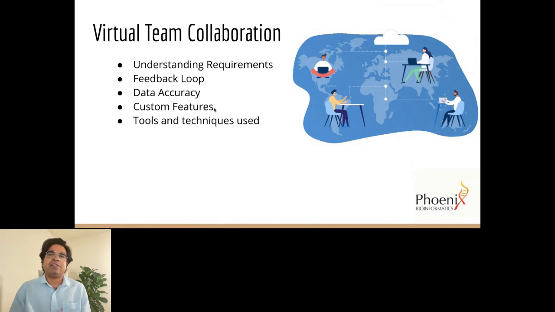These strategies and tools enabled us to work efficiently despite being remote, and they can serve as a model for other organizations undertaking similar projects. Our structured approach to remote work and regular communication were key to the project's success.